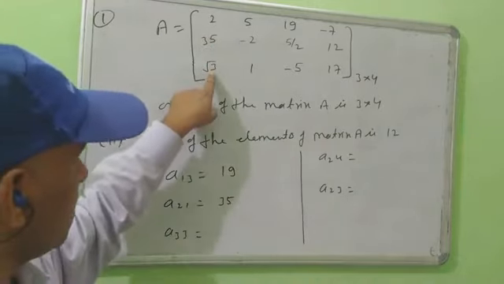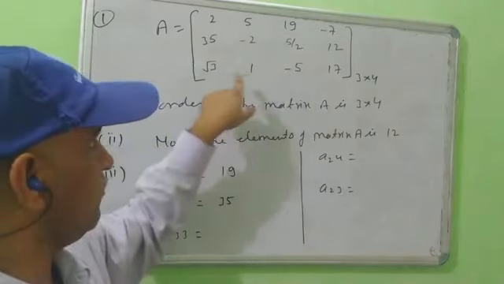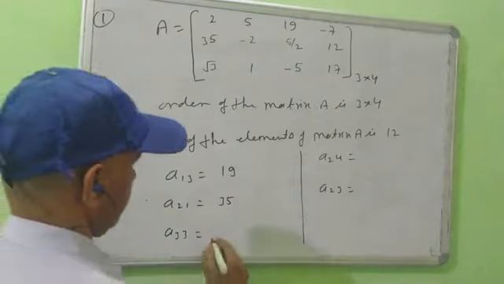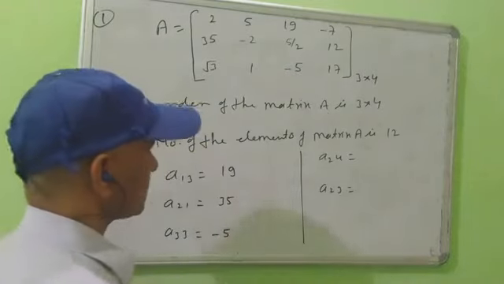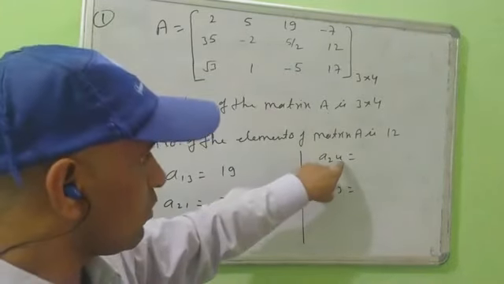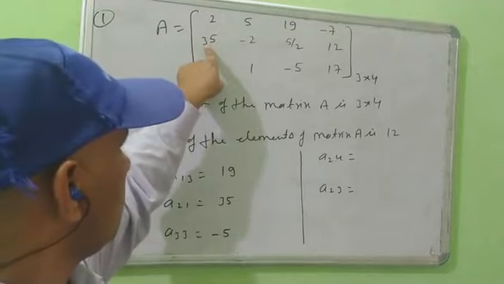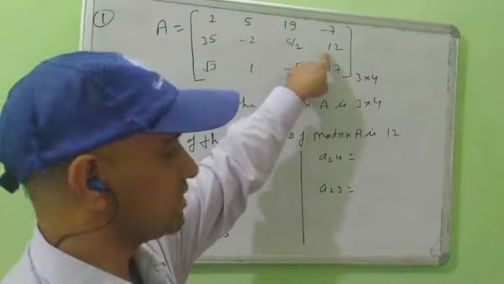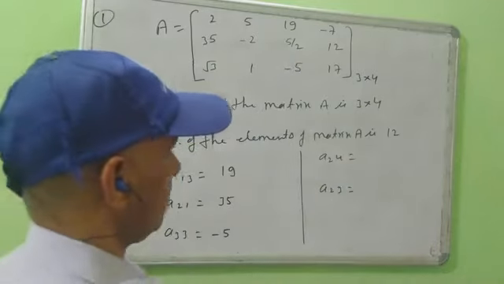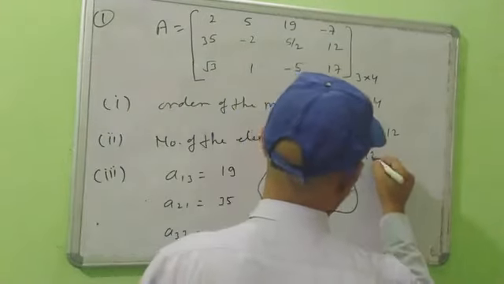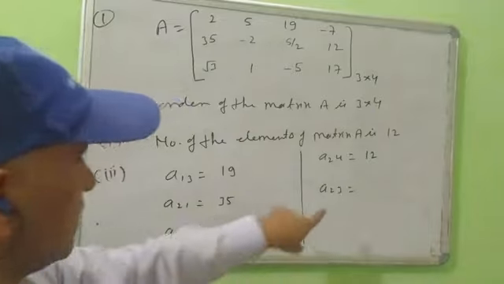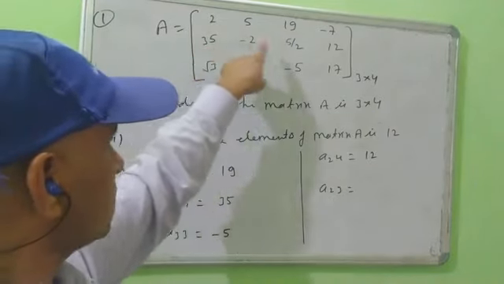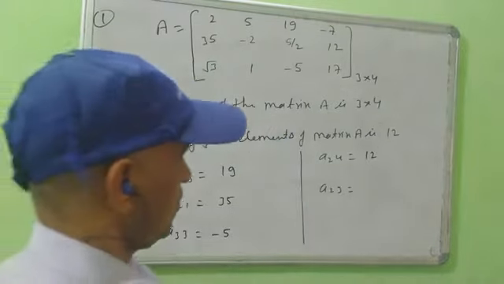This one is the third row and third column. First, second, third. Answer is -5. Next, second row, fourth column. Second row, fourth column answer is 12. Next, second row, third column. The second row, third column is 5/2.